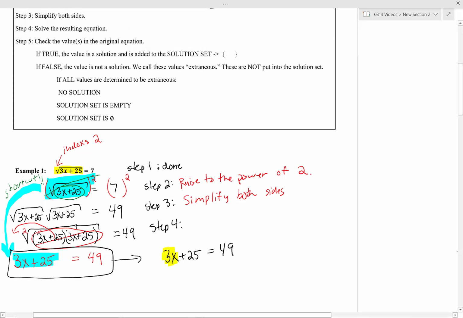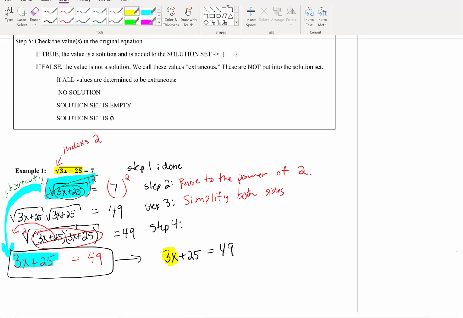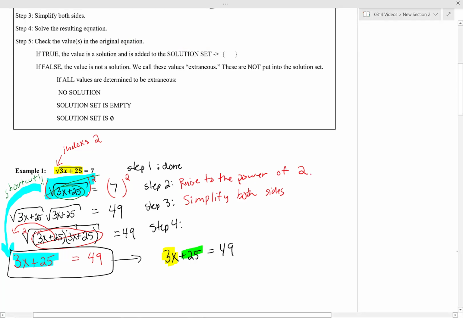So we have an x term here, and then we have two terms that are not containing variables, and this is what we would call a linear equation, right? A linear equation is where the x value in the equation, the highest power that you see on x, is the power of 1. So the highest exponent or power on x is 1.